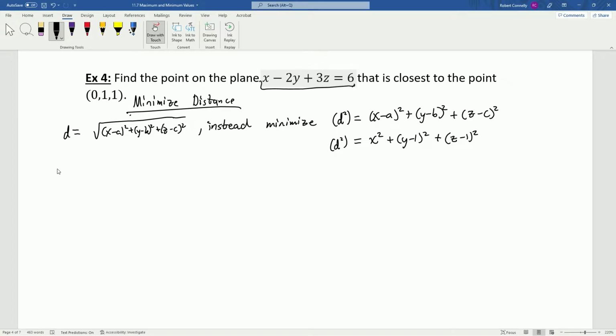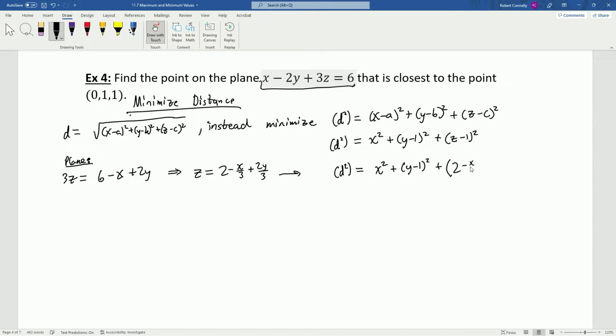So our plane equation gives us 3z equals 6 minus x plus 2y. So that implies z equals 2 minus x over 3 plus 2y over 3. And so if we just substitute that into our equation for d squared, we get 2 minus x over 3 plus 2y over 3 squared.